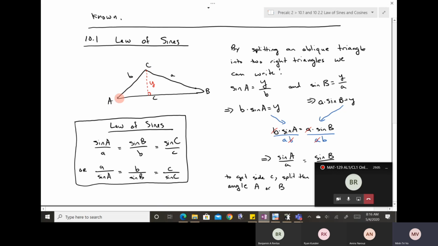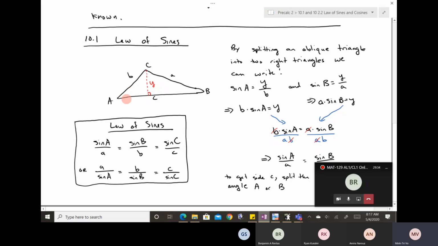So we can split it into 2 pieces, where each piece is itself a right triangle. If you draw the altitude, which I've called y, vertically, perpendicular to the base, then we have a small right triangle on the left and a small right triangle on the right.